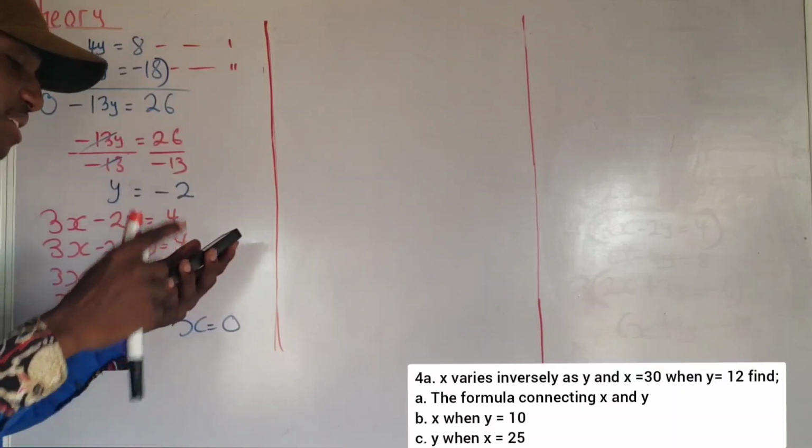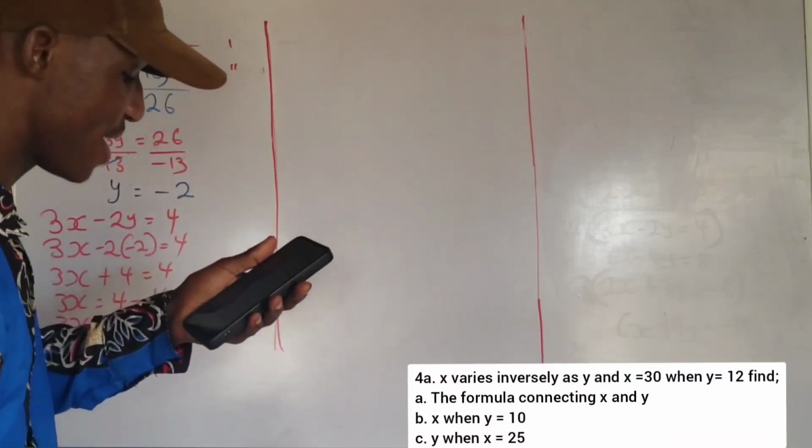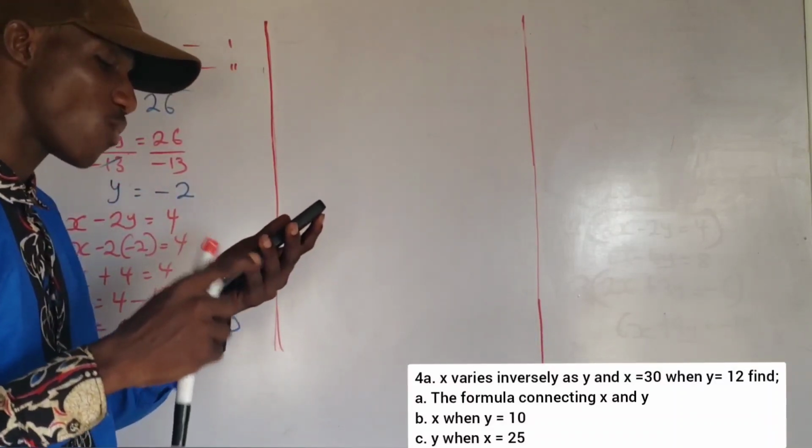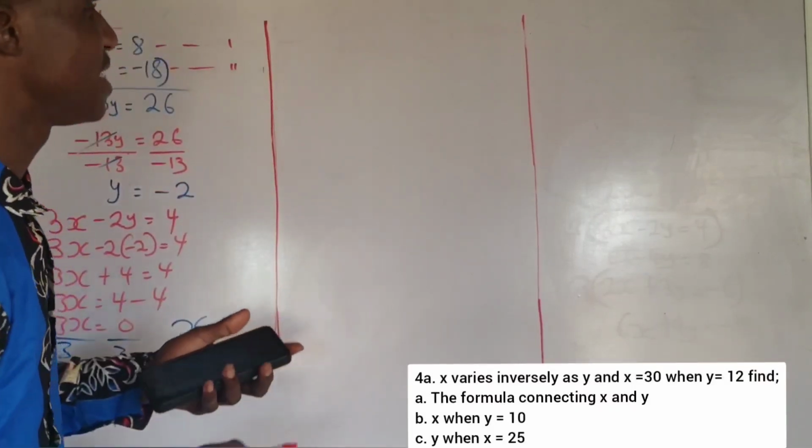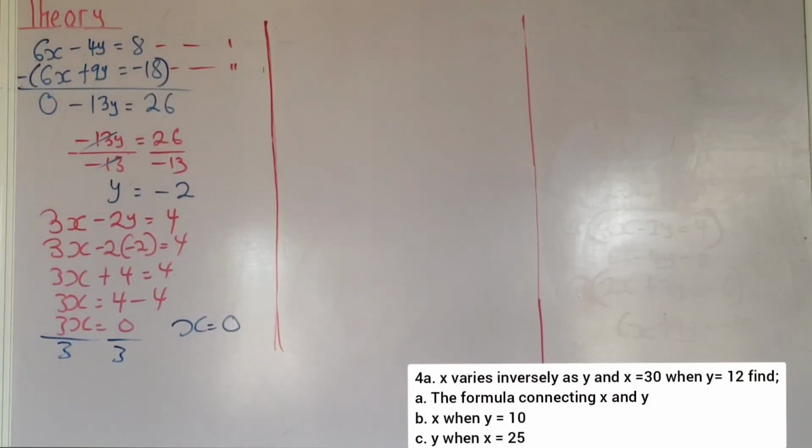Find A, the formula connecting x and y, B, x when y is 10, C, y when x is 25. Okay, this is a question on indirect variation. You understand?